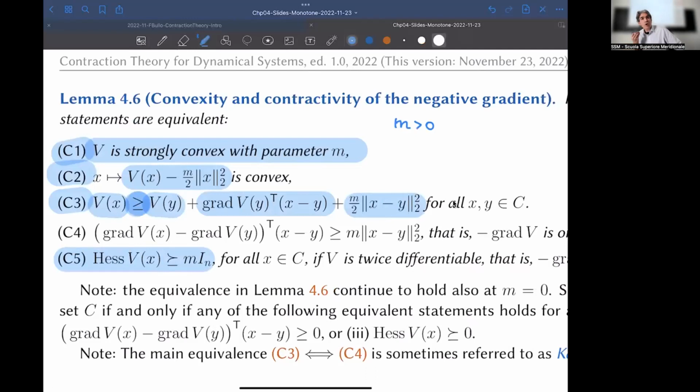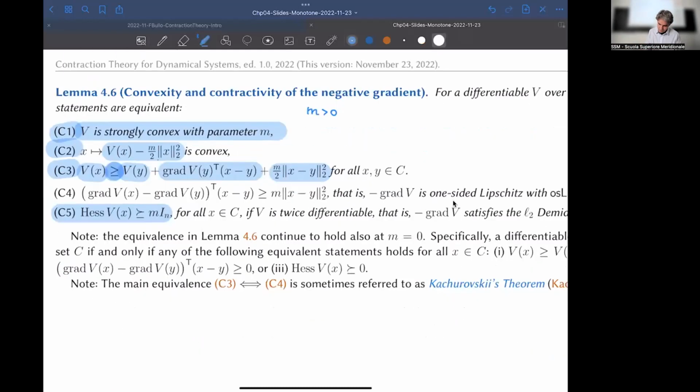The function is strongly convex with parameter m if all of the eigenvalues of the Hessian are strictly positive, and the smallest of them is m. m is the smallest eigenvalue of the Hessian everywhere in space. So m would be the infimum of the smallest eigenvalue over all x's, because the Hessian is a function of x. So as you move around in space, the eigenvalues will change, right?